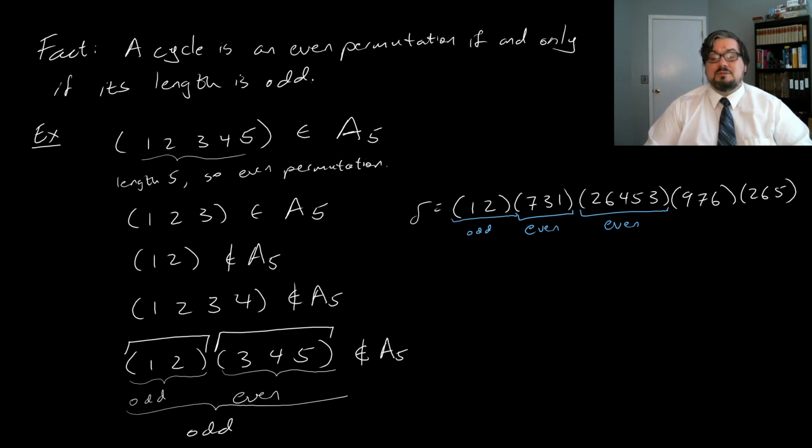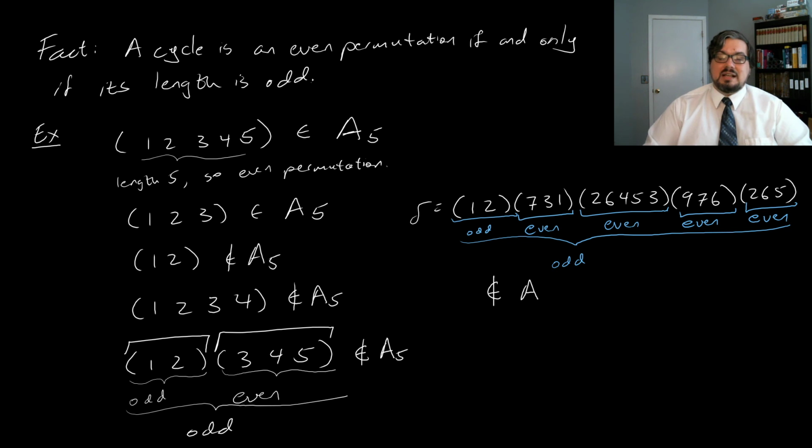The second has length 3, which means it's an even permutation. The third has length 5, so it's an even permutation. The next has length 3, so it's an even permutation. The last one has length 3, so it's an even permutation. So all together, this whole thing is an odd permutation. It can be written using an odd number of transpositions, which means in particular it doesn't belong to A9, which it looks like it sits inside.